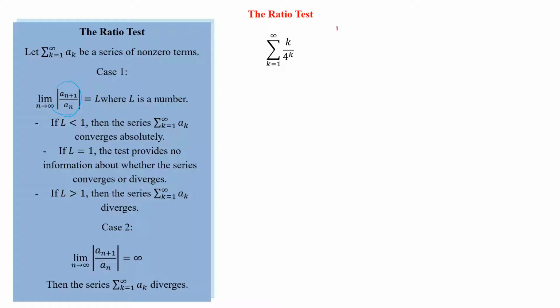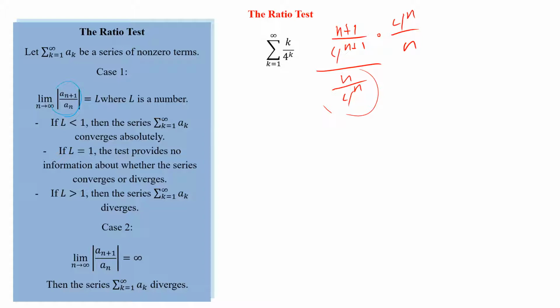We're going to have n plus 1 over 4 to the n plus 1 divided by n over 4 to the n. That's the ratio. We'd use absolute values, but these are all positive, so it doesn't matter. And then we need to simplify this. Just like we've been doing already so far today, the denominator we'd flip and multiply. So we'd have times 4 to the n over n.